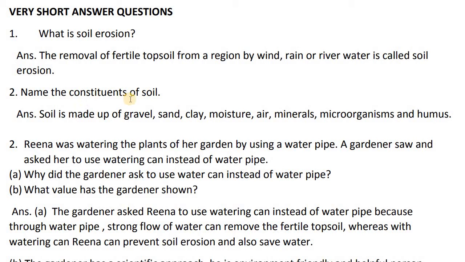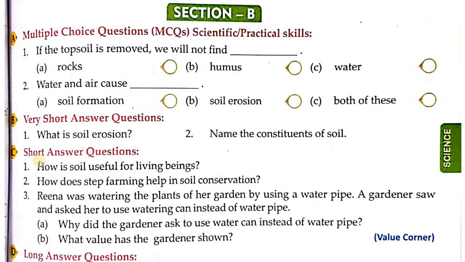Name the constituent of soil. Answer. Soil is made up of gravel, sand, clay, moisture, air, minerals, microorganisms, and humus. Yes. Now we have the short answer questions.